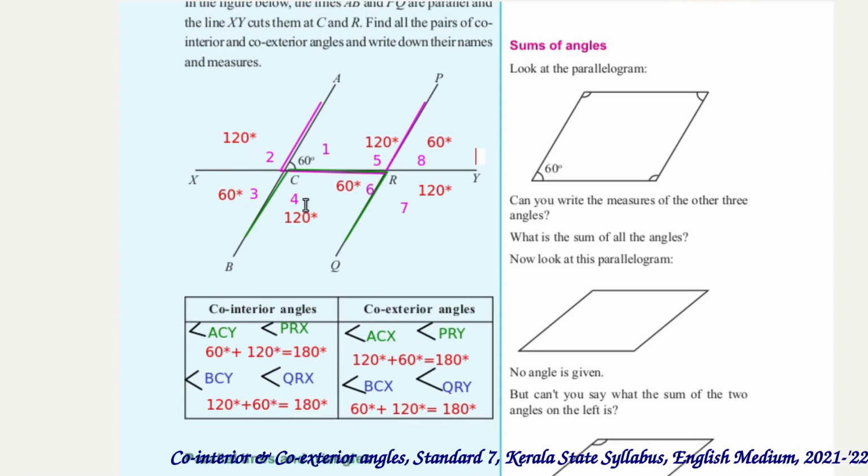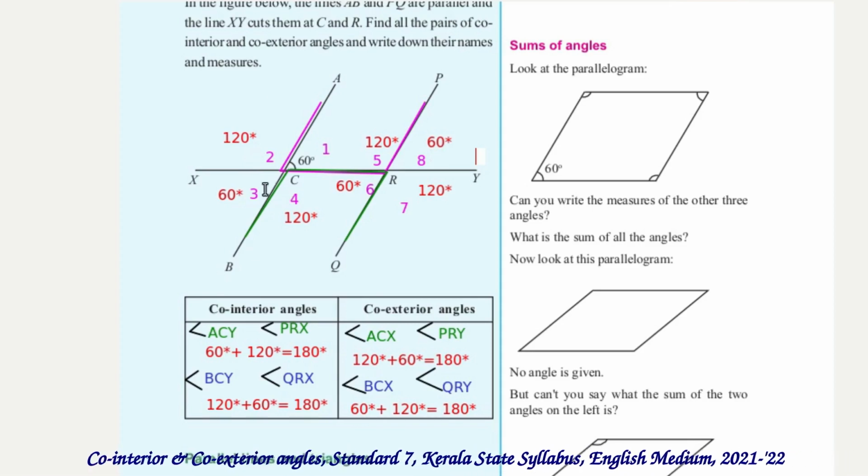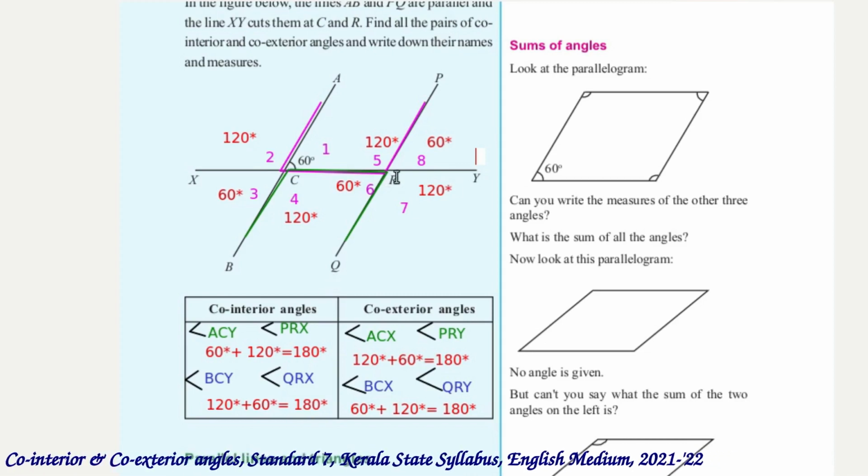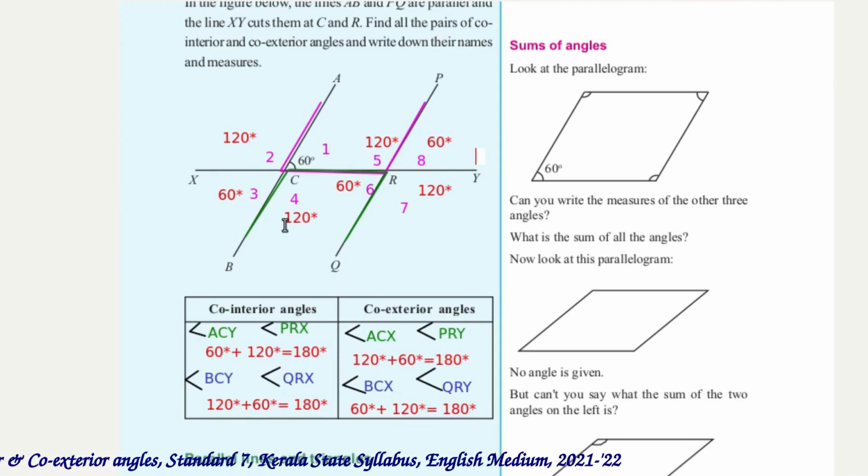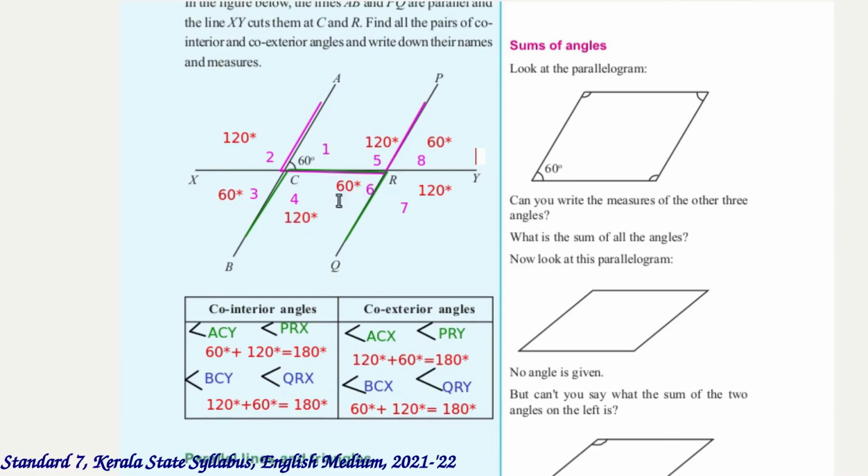The same here also. Look at this one, angle BCY and angle QRX. Here it is 120 degrees, this one is 60 degrees. Add these two, you will get 180 degrees. So these two angles, BCY and QRX, are supplementary angles.